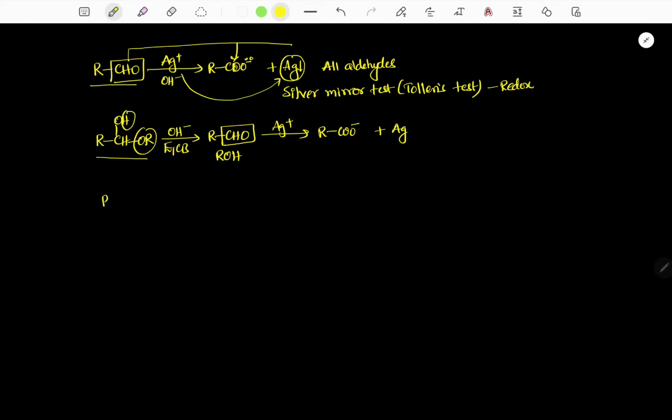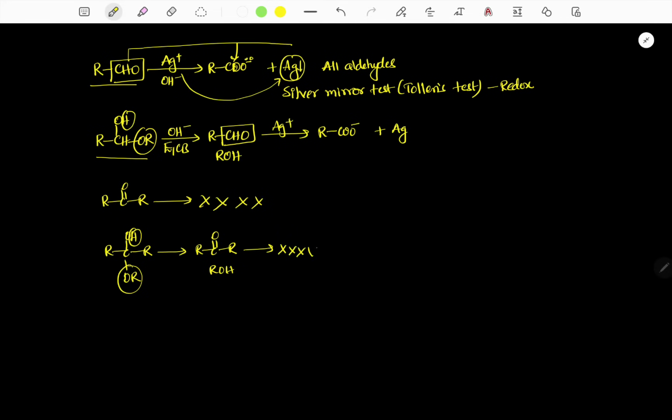But ketone does not give the Tollens test. Similarly, hemiketal also, even though it is unstable in basic medium, it produces finally ketone only and alcohol, and we know that ketone does not undergo Tollens test.